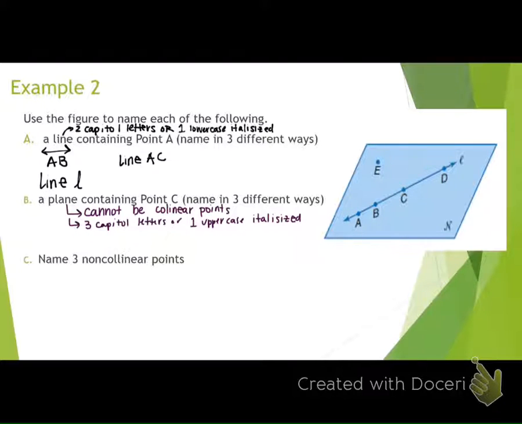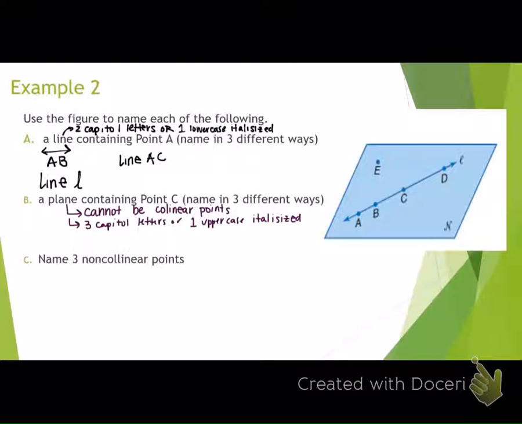So E. What else? N is not a point. It's just an italicized letter. It has to be another capital letter. So E, you've chosen everything else, but everything else should work now. B and A can name the plane. So plane A, B, E. Okay.